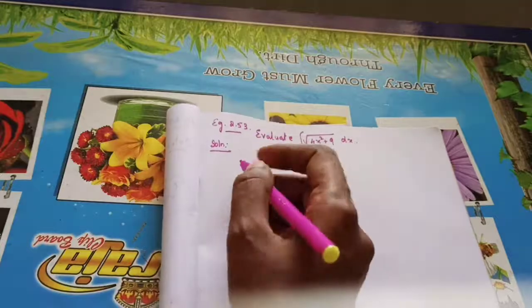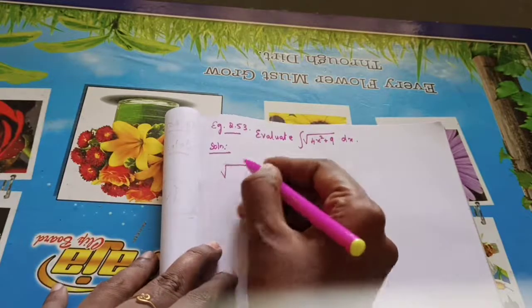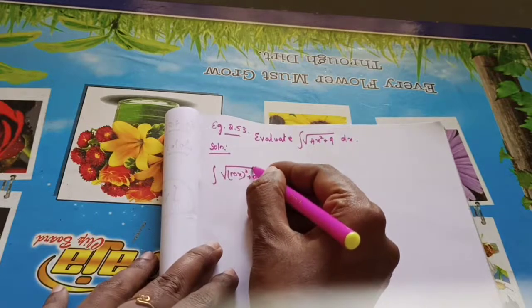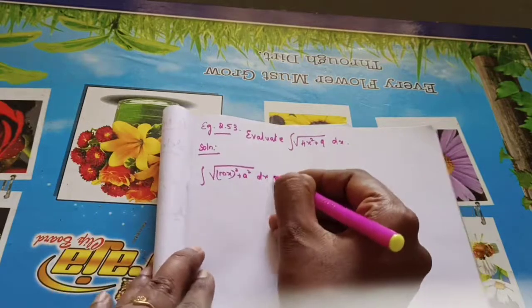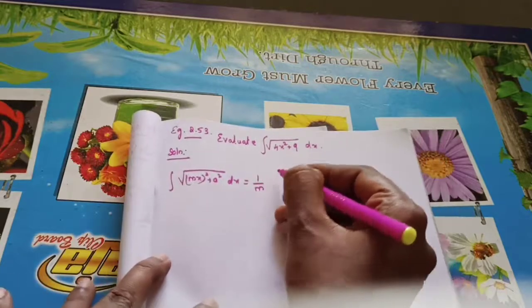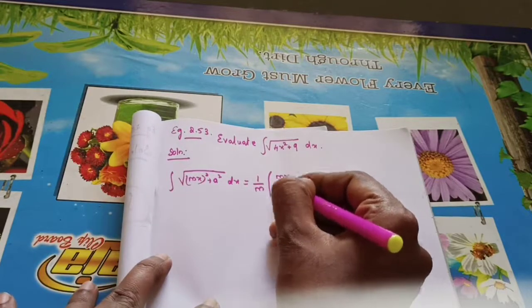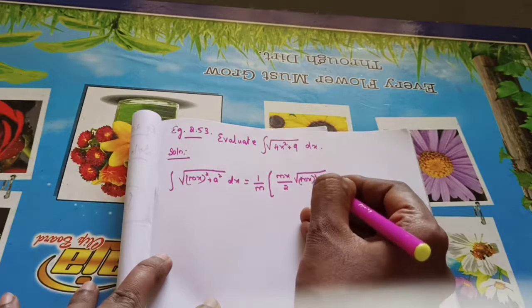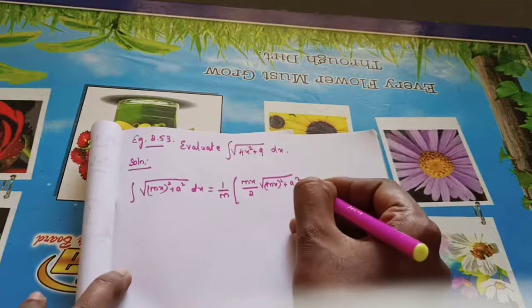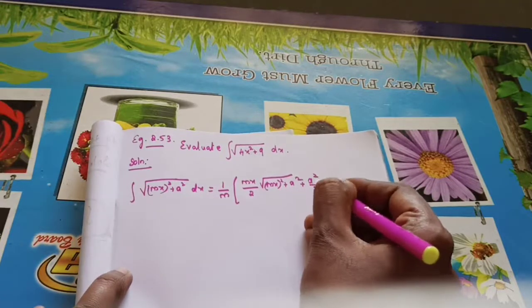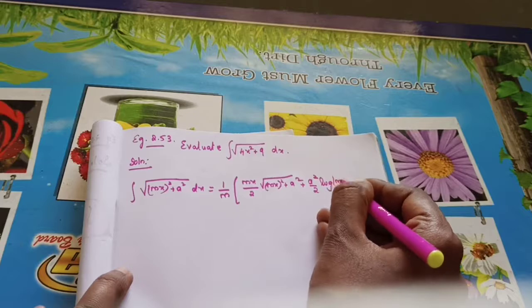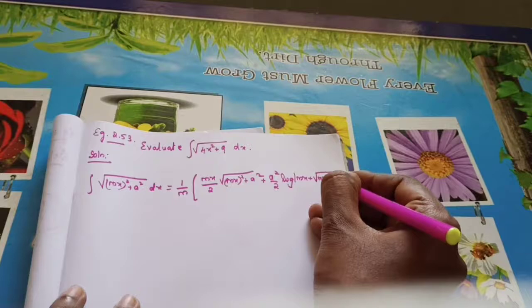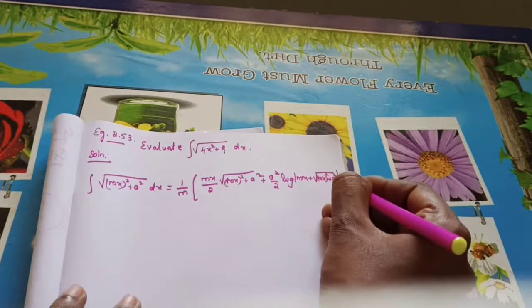So first I am writing the formula we are going to use. Integral of square root of mx the whole square plus a square dx is equal to 1 by m, times mx by 2 square root of mx the whole square plus a square, plus a square by 2 log of modulus of mx plus square root of mx the whole square plus a square, mod close, plus c.